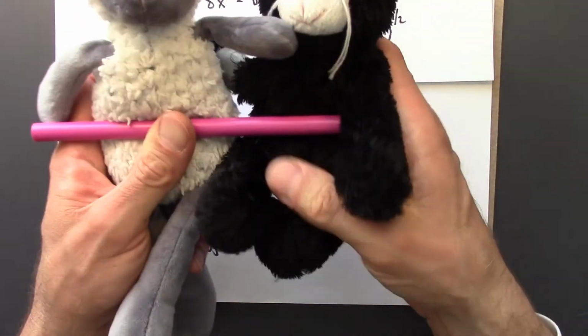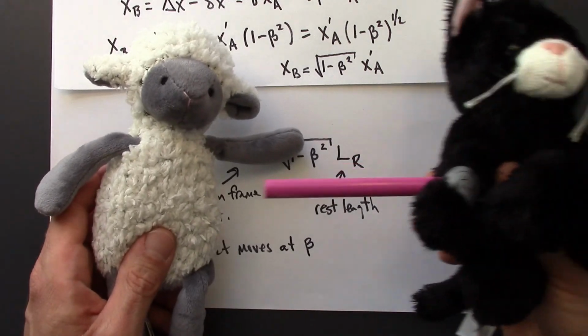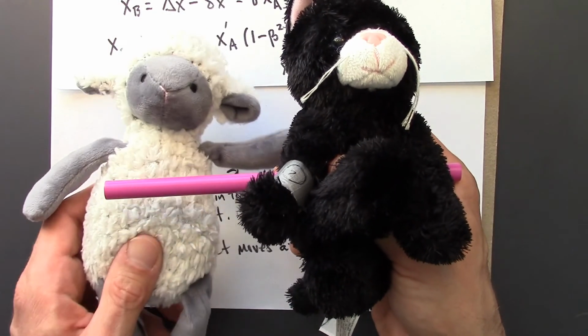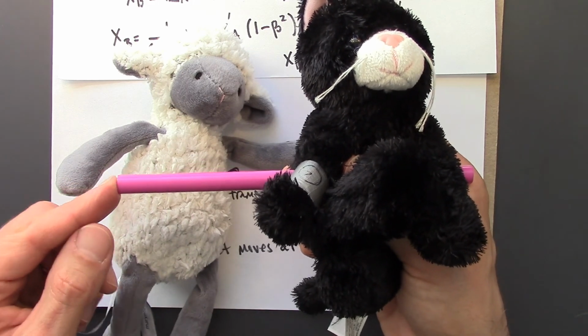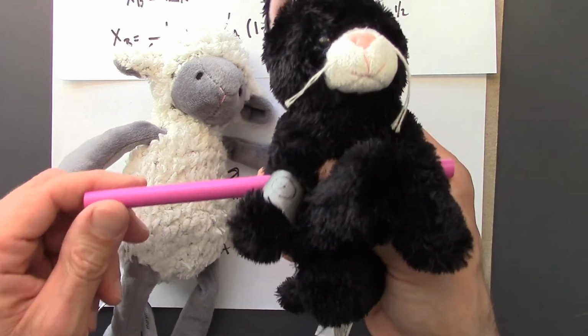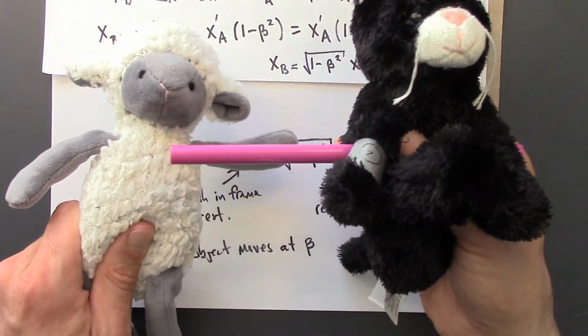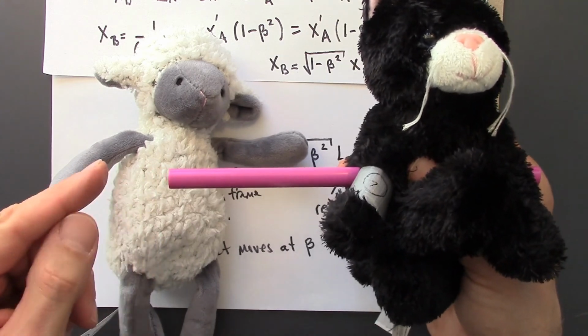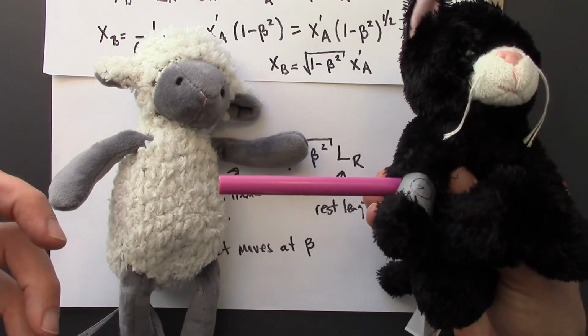Or Beowulf is moving at a speed beta, Anna is at rest. Beowulf measures a stick that has its rest length because the stick is at rest in his frame. And then Anna would measure the moving stick as having a length that's contracted by the same amount.